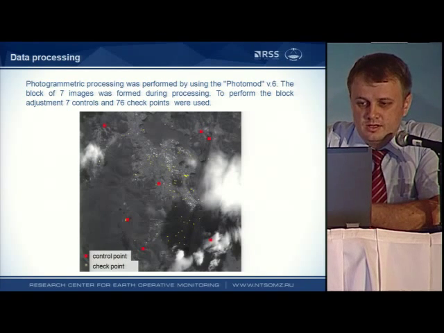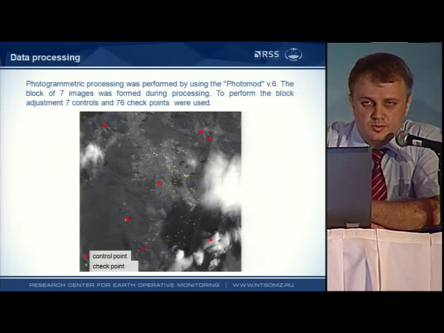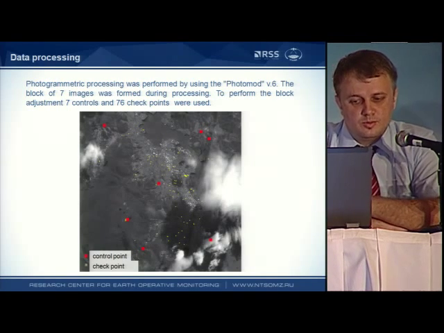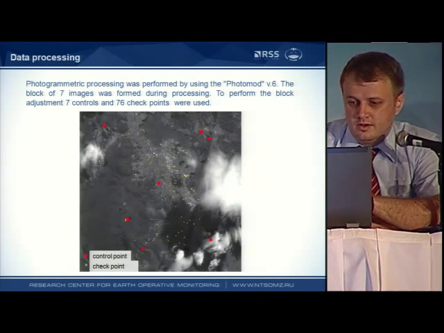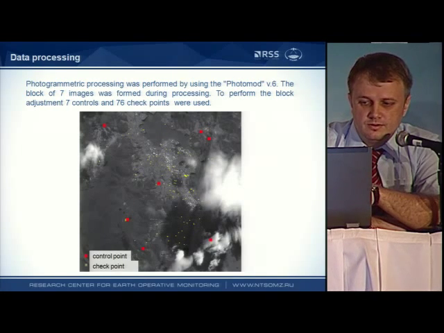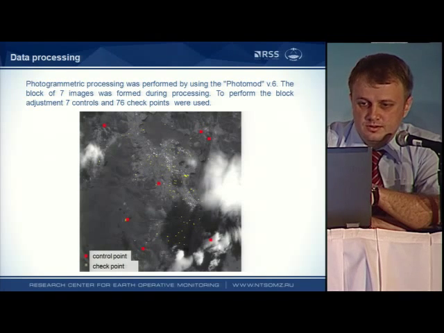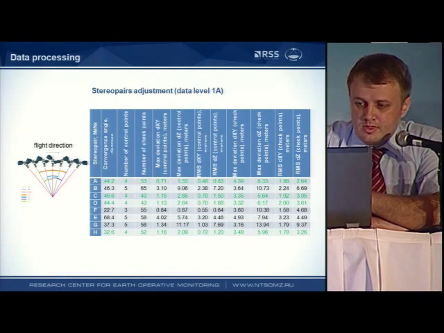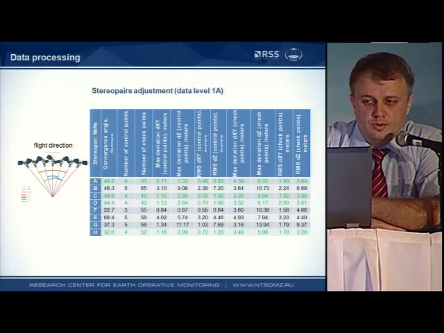Here you can see the schematic of placing checkpoints and control points that we used to assess the results of processing at all stages. We had a few control points and 76 checkpoints. Now I'll tell you about the material processing at the level of A1.